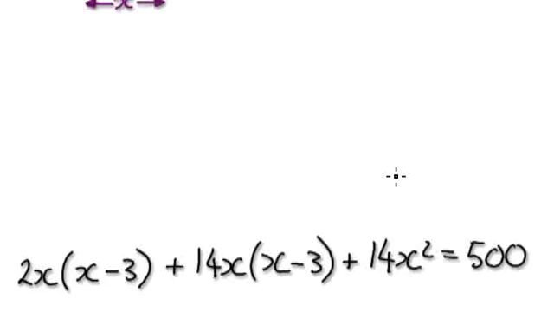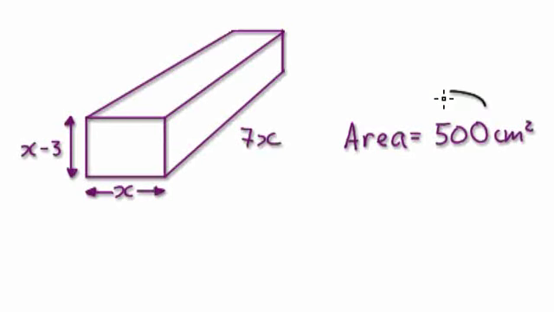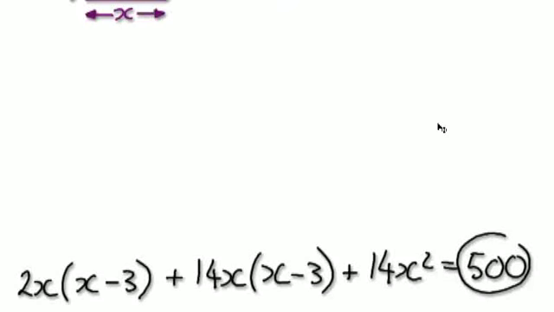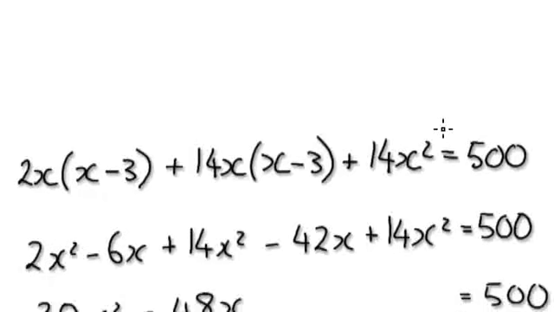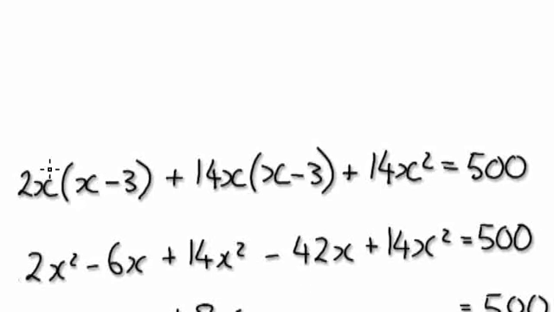Well, anyway, the surface area is given by this, and it has to equal 500 because 500 is the condition given to us. The amount of material given to us to build this box is 500. So it has to equal that. Okay, so now you just follow it through.